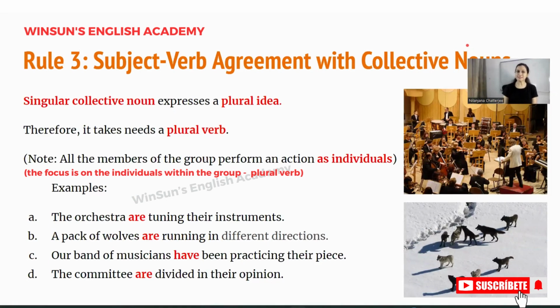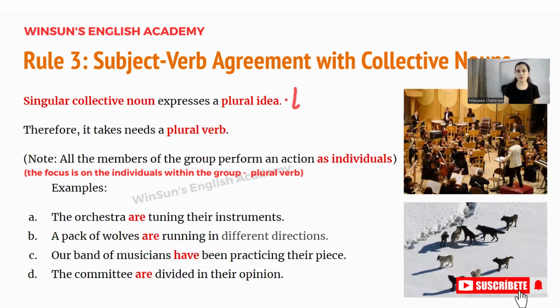Now, in some cases, singular collective nouns express a plural idea. Now, how is it possible? In the previous slide, we learned that a singular collective noun, for example, team, works as a unit, as a singular entity. But here, all the members of a group perform an action as individuals.